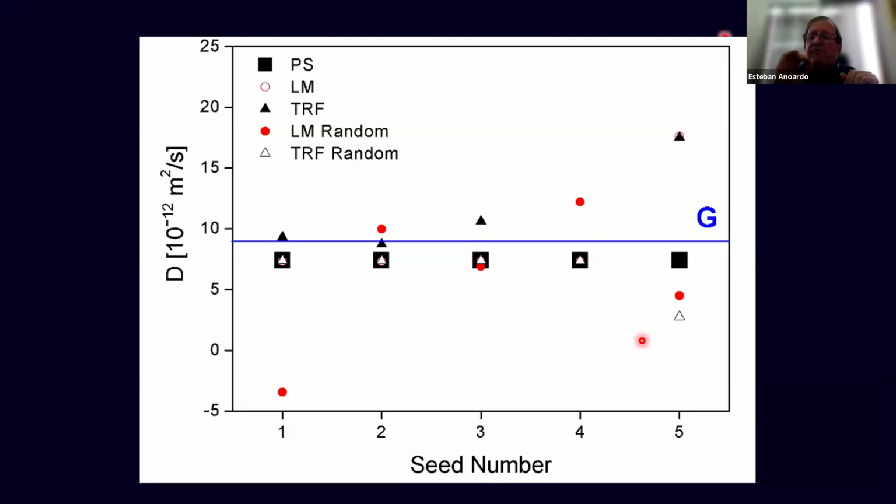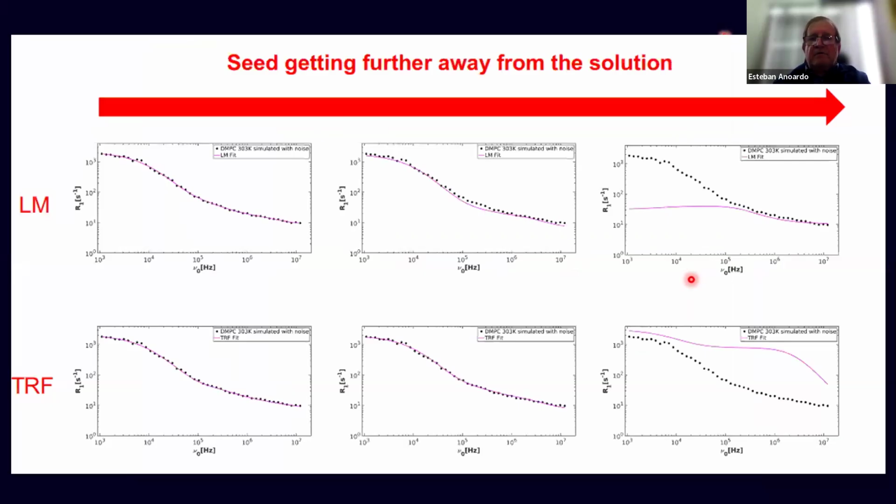But what I would expect will not be so different is that if you have a multidimensional space of high dimensionality, PS will be much better than the others. Of course, there are many other fitting engines. Okay, so now I leave it to Velu to go on with the next slides.